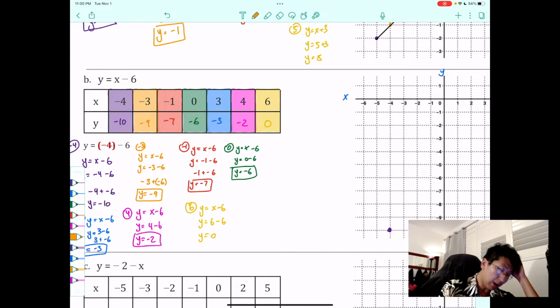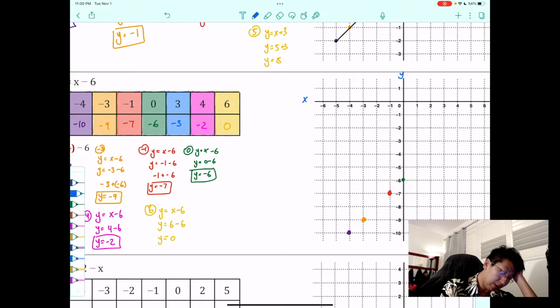-3, -9. -1, -7. 0, -6. 3, -3. 4, -2. 6, 0.